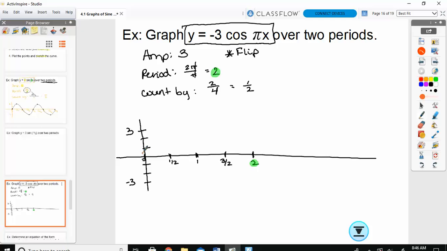All right, so what does the graph of cosine look like? Where does it start? It normally starts at 1, or its amplitude, which in this case would be 3. But I flipped it, so it'll start at -3. Then it'll hit your 0, up to 3, back to 0, and down to -3.